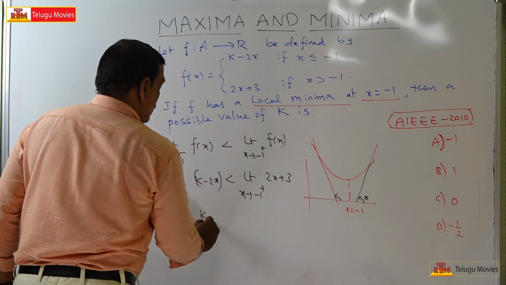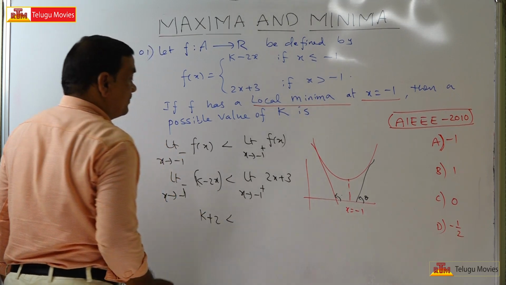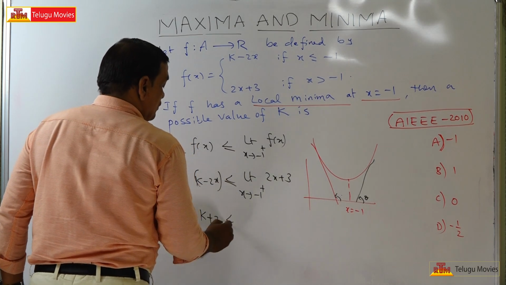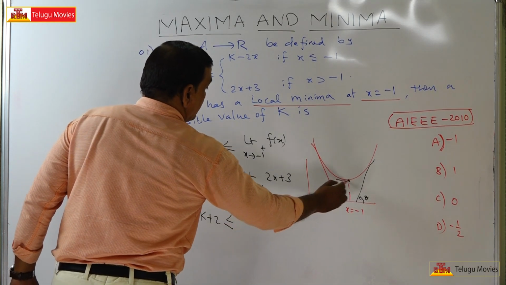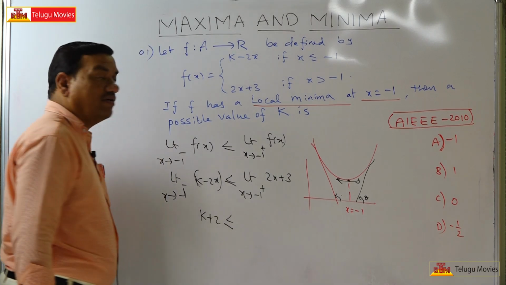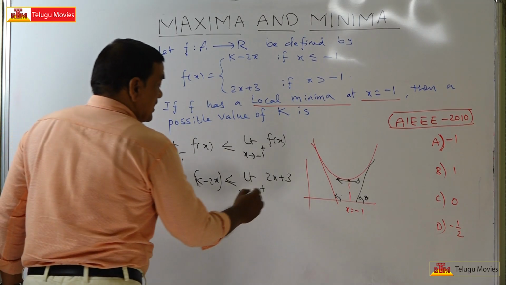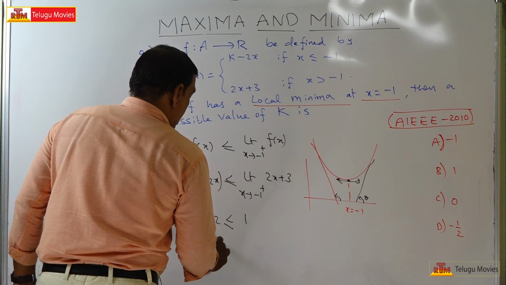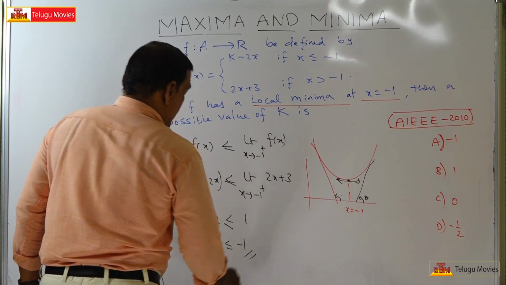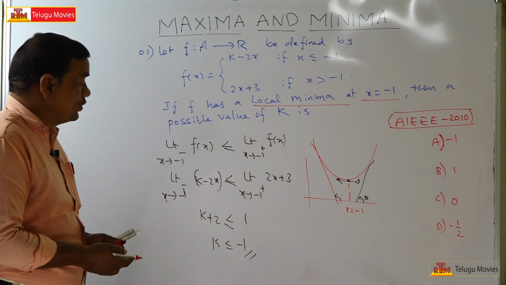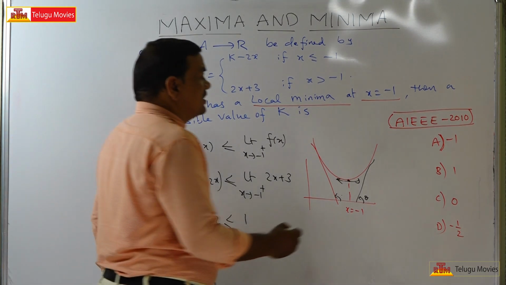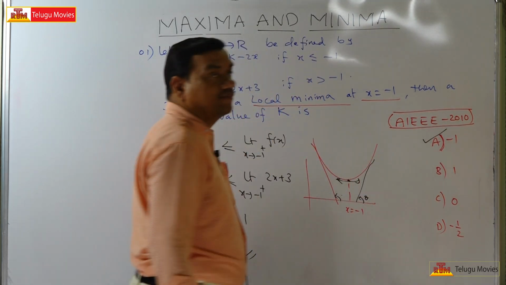So k plus 2 is less than or equal to, sometimes equal also, because at this stage both values will be equal, minus 2 plus 3, that is 1. So k plus 2 is less than or equal to 1, therefore k is less than or equal to minus 1. So your answer is A.